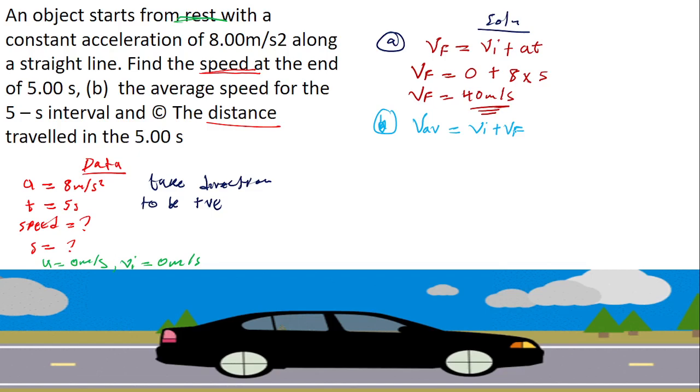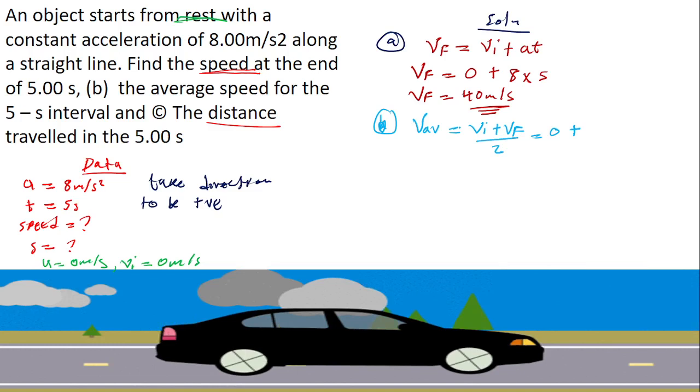So with this information which we have gathered here, we can simply say what we had for the velocity initial was simply 0, plus the velocity final which we have found is 40. So you're going to say 40 over 2.